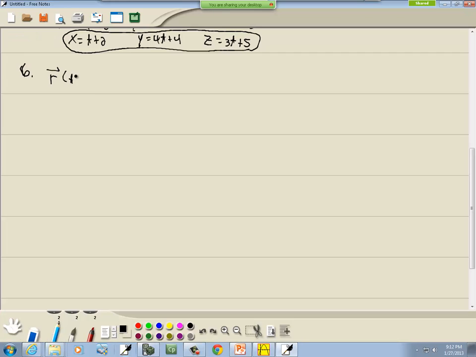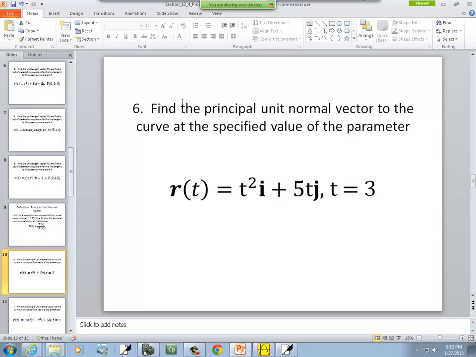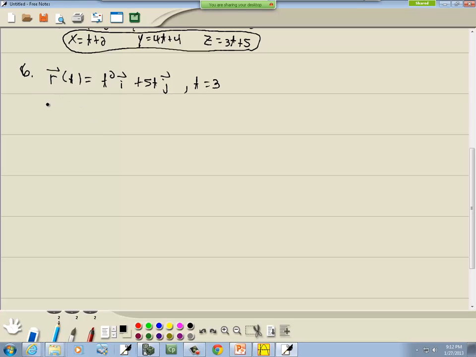Okay, so we got r is equal to t squared i plus 5tj at t is equal to 3. Let's first start off finding the tangent vector. So we need r prime. r prime is going to equal 2t i plus 5j.